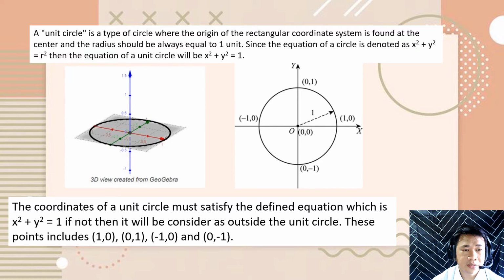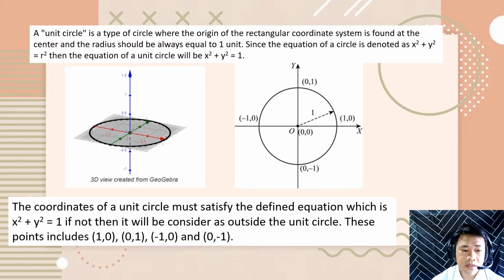A unit circle is a type of circle where the origin of the rectangular coordinate system is found at the center and the radius is always equal to 1 unit. Since the equation of a circle is x squared plus y squared equals r squared, the equation of a unit circle will be x squared plus y squared equals 1.